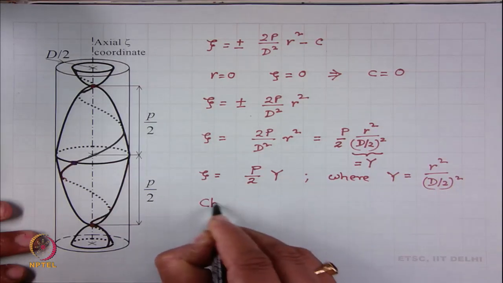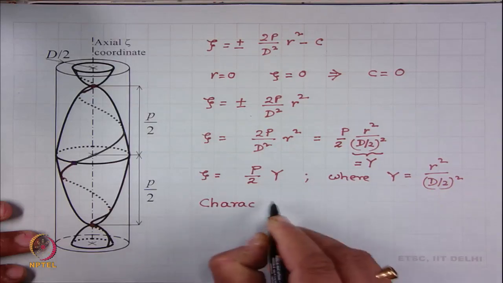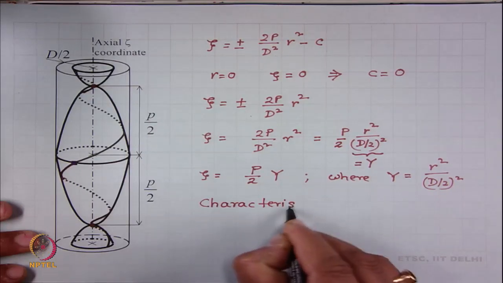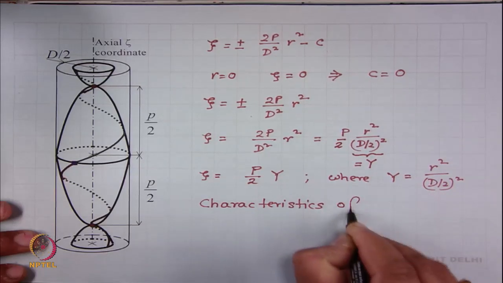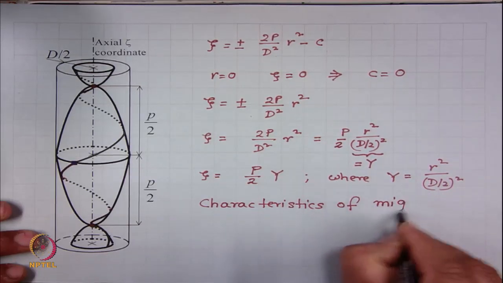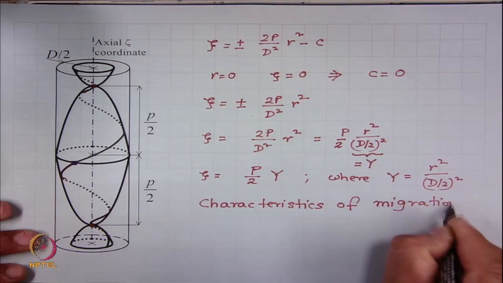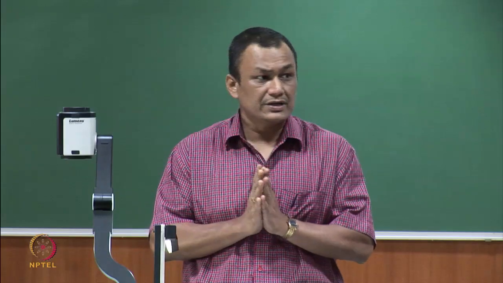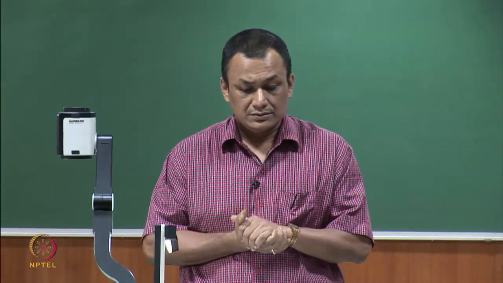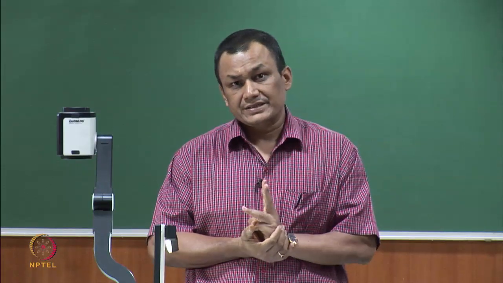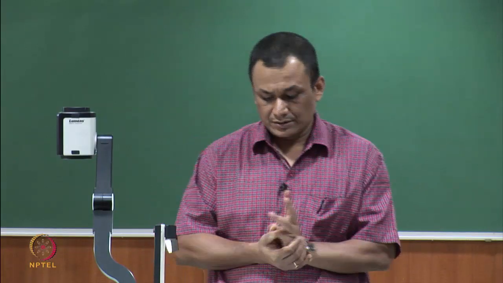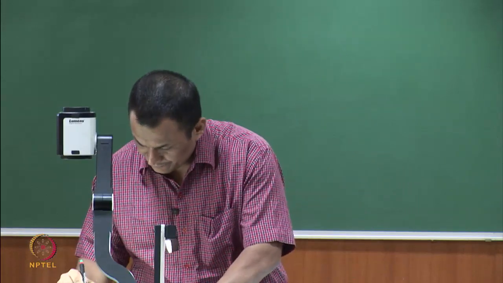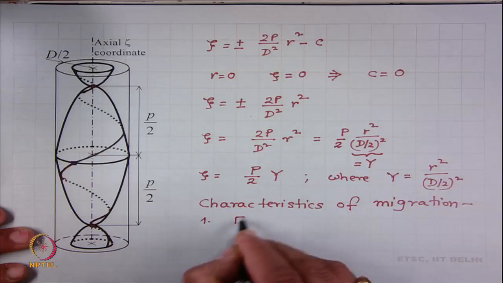Now, we introduce characteristics of migration. How we can characterize migration experimentally? Generally, Treloar and his co-worker, they used 3 characteristics for radial migration. One, fiber mean position.